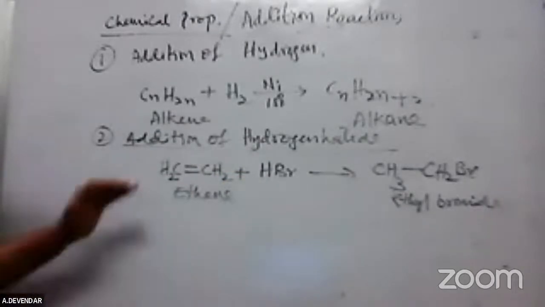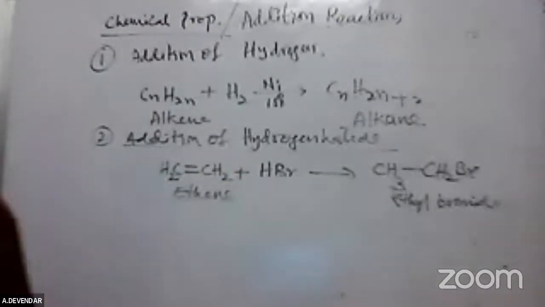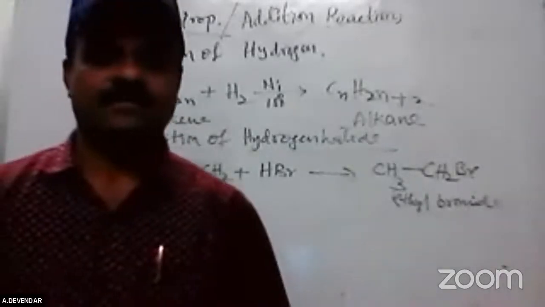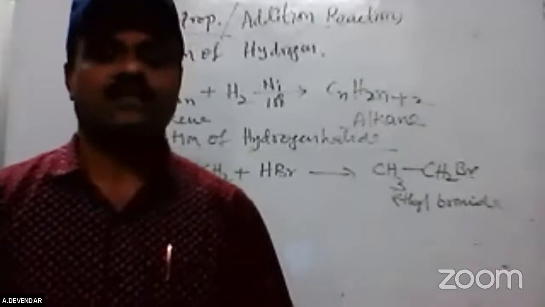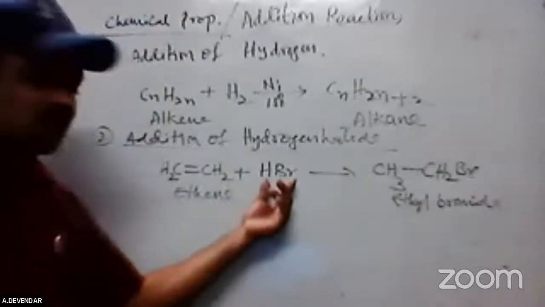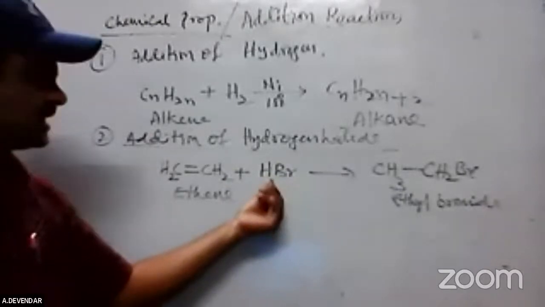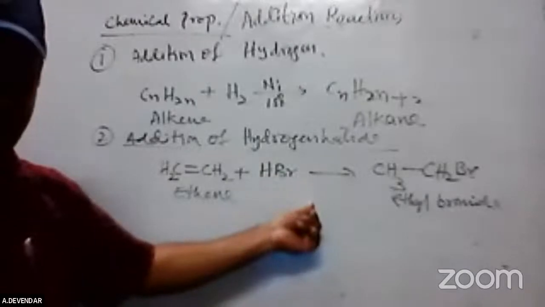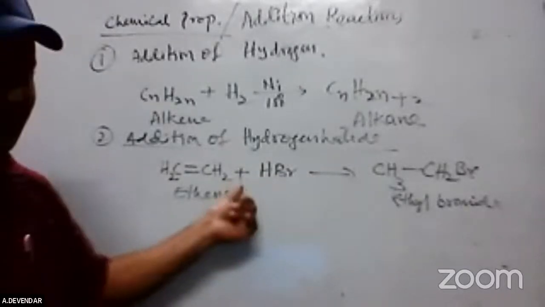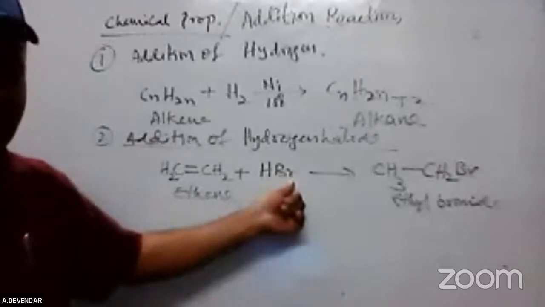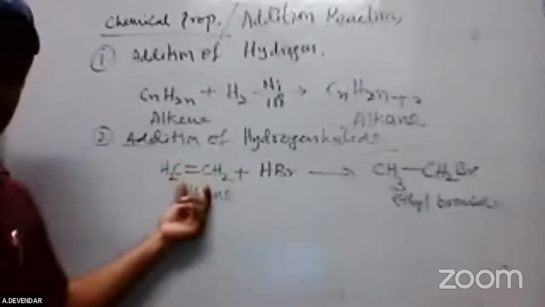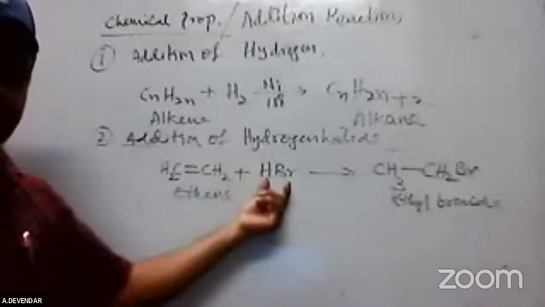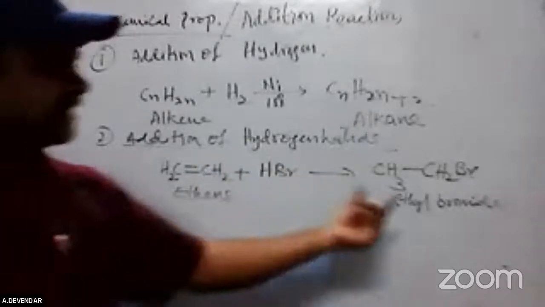But for the addition of hydrogen halide, there are specific cases, which we will discuss, called Markovnikov's rule. Why? Because here the unsaturated compound reacts with an unsymmetrical molecule, H+ Br-. H+ is a positive cation, and Br- is a negative anion. The unsaturated compound reacts with the unsymmetrical molecule, giving ethyl bromide.